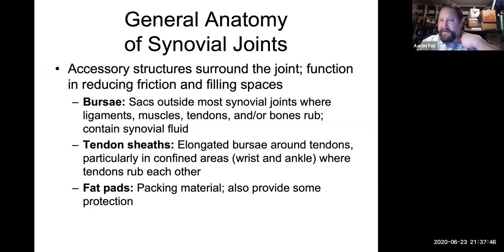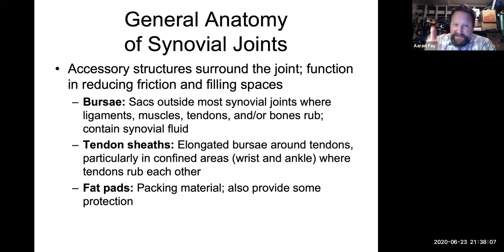Okay, let's talk about some accessory structures that we find with synovial joints. The first up is a bursa. A bursa is a sac usually located just outside of a synovial joint, in areas where you tend to have a lot of compression or a lot of rubbing, and you need extra padding to prevent damage.